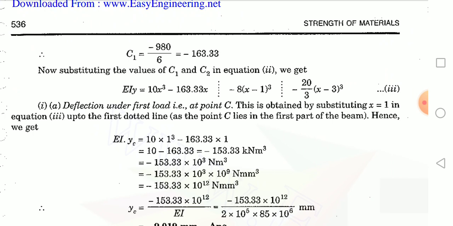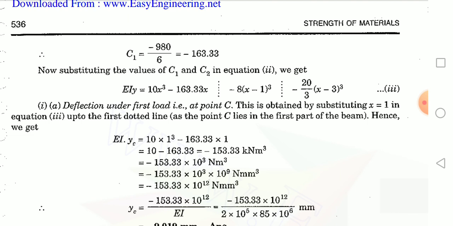Now substituting the values of C1 and C2 in equation 2, the deflection equation, EI y equal to 10x cube minus 163.33x, and the second slab minus 8 (x minus 1) cube, then minus 20 by 3 (x minus 3) the whole cube.